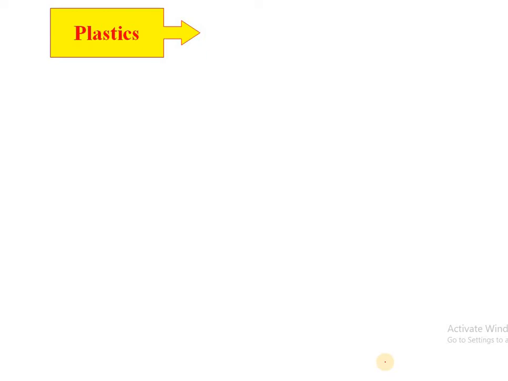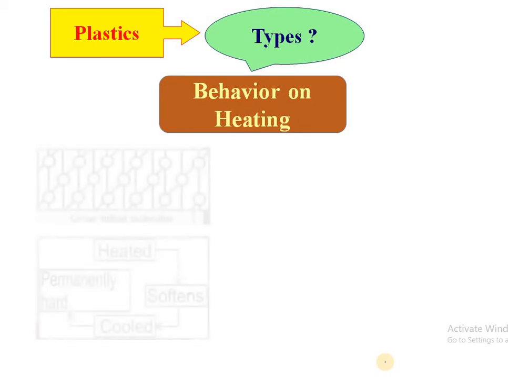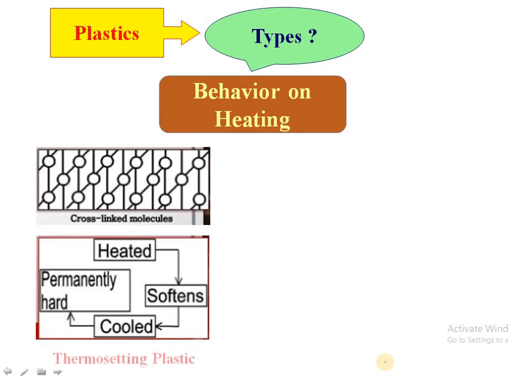So let's talk about the types of plastic based on what type of behavior it shows on heating. The first type is thermosetting plastic. In the diagram you can see the molecules are cross-linked molecules. Initially when we heat it, it gets softened, and when we cool it, it gets permanently hard.